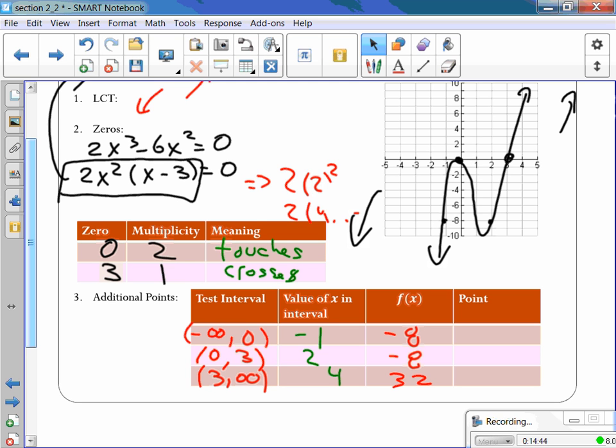Absolutely. As Sean said, when we have all these points here, all this stuff is great. It helps us sketch, not draw it, but sketch the graph. You will not be able to find those relative extrema, relative maximum, relative minimum, without using calculus. You actually have to use the derivatives, which we don't go over in this class. We'll find that out next year for those of you taking calculus.